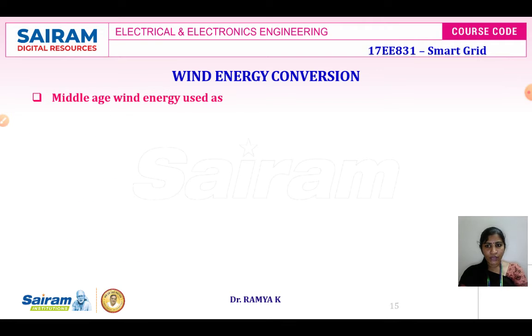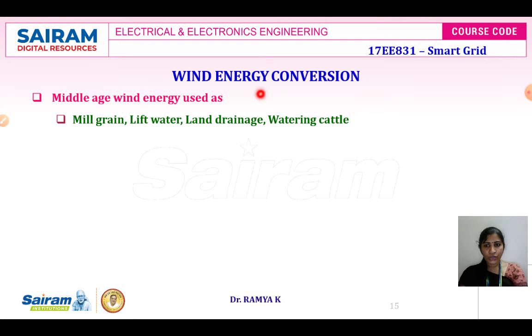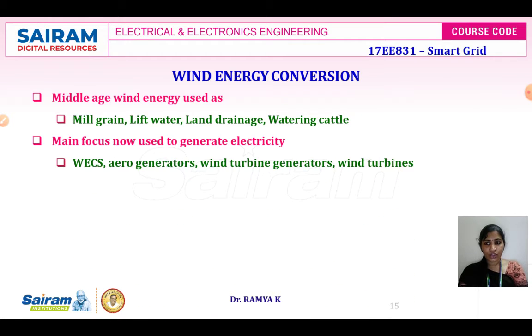Next, wind energy conversion system. Here, in the middle ages, wind energy was used to mill grain, lift water, for land drainage, and for watering cattle. The main focus now is to generate electricity. By using the wind energy conversion system, our main target is to develop electrical power from the wind kinetic energy.